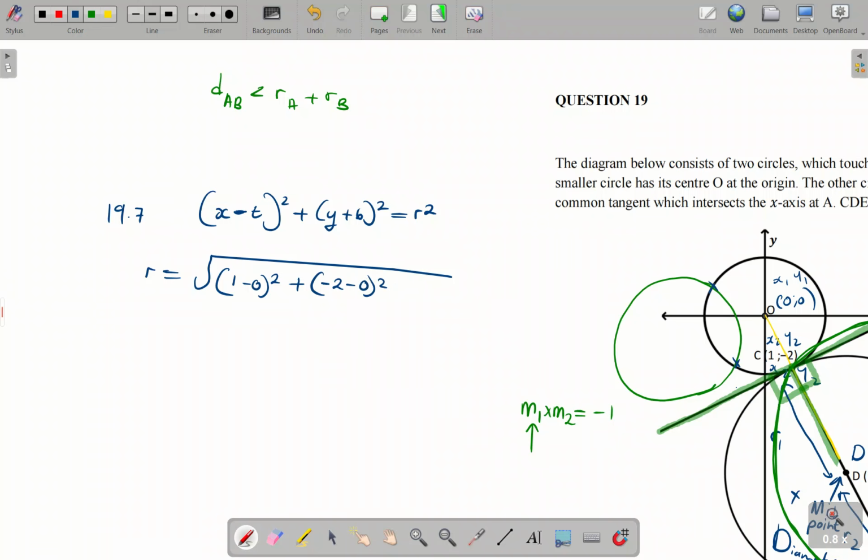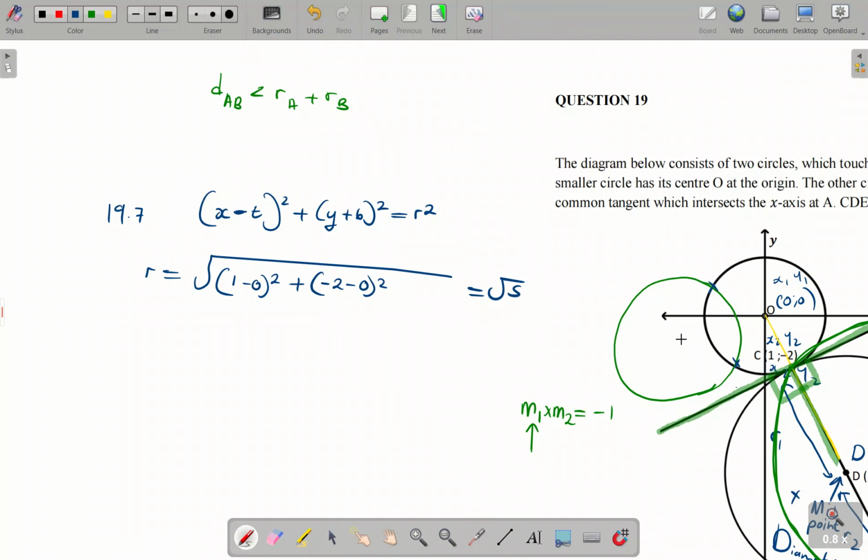So let me see what that is. I'm getting the square root of 5. So this is the square root of 5. It means the radius is just the square root of 5. So I have the radius of the smaller circle.